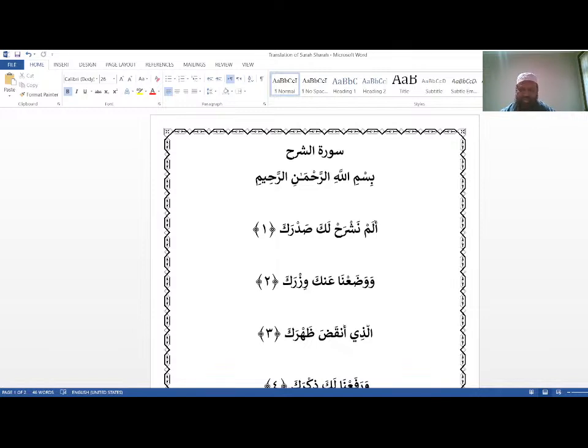So let's think, can this a be one of the harful istifham, asking question? Lam, we've learned lam comes before fal mudari, and it gives fal mudari in halatul jazm. We'll see sukun on the last letter.